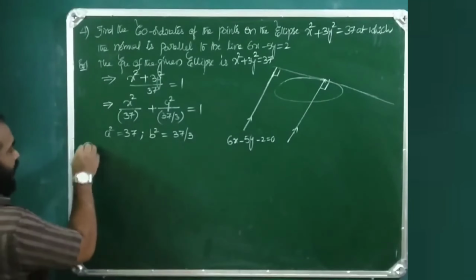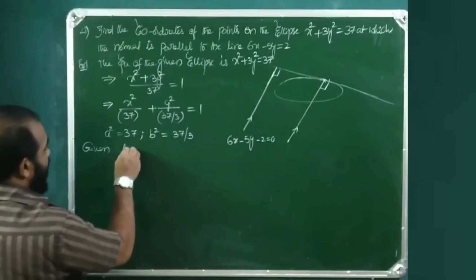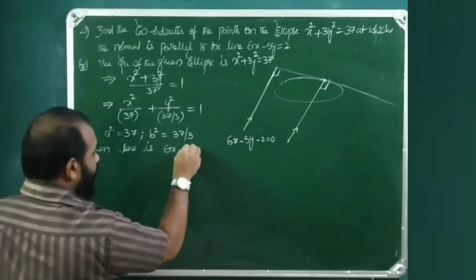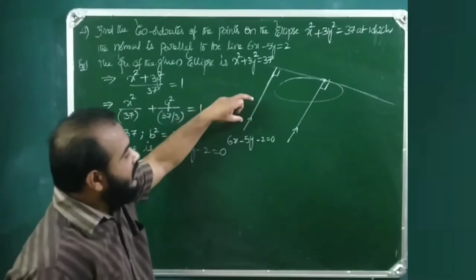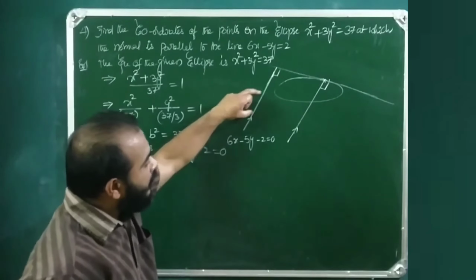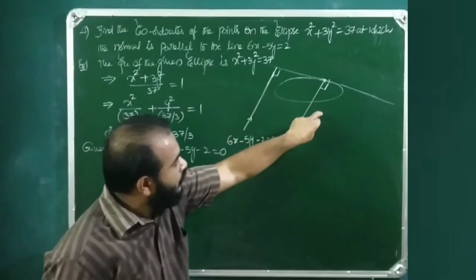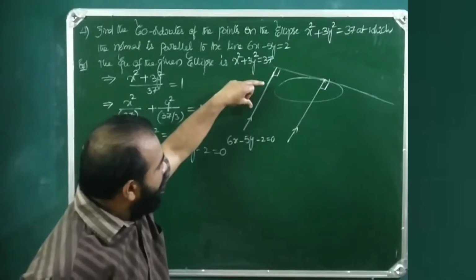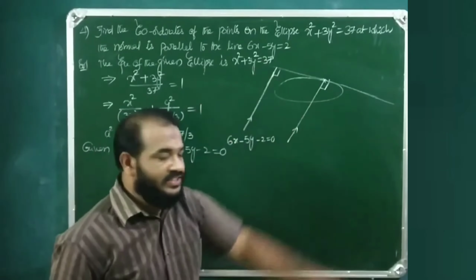So the given line is 6x minus 5y minus 2 equals to 0. So what is this line? This line is parallel to this normal. So then what is the line which is perpendicular to this line? Which is the tangent.